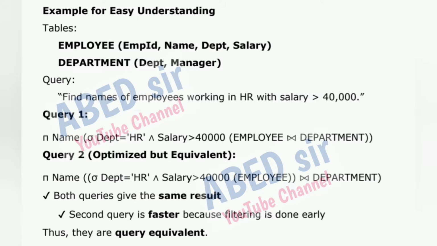Query 2, optimized but equivalent: pi name, sigma dept equals HR and salary above 40,000 applied to employee, then join department. Both queries give the same result. The second query is faster because filtering is done early. Thus, they are query equivalent.